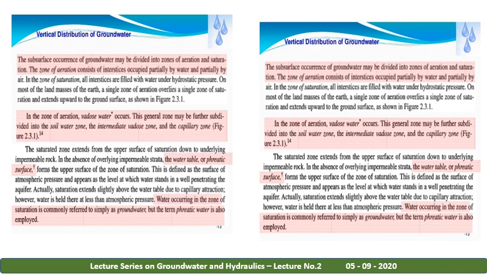The subsurface occurrence of groundwater may be divided into zones of aeration and saturation. The zone of aeration consists of interstices occupied partially by water and partially by air. In the zone of saturation, all interstices are filled with water under hydrostatic pressure. On most of the land masses of the earth, a single zone of aeration overlies a single zone of saturation and extends up to the ground surface.